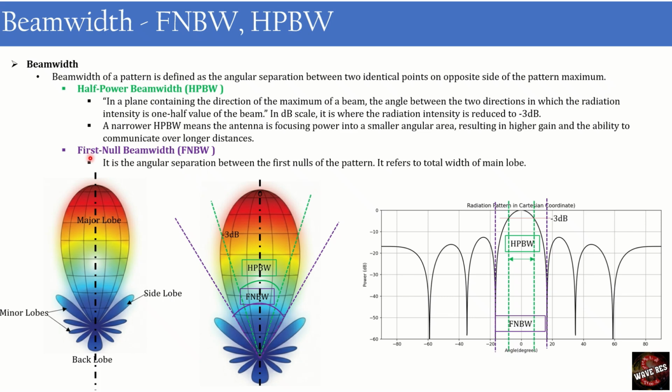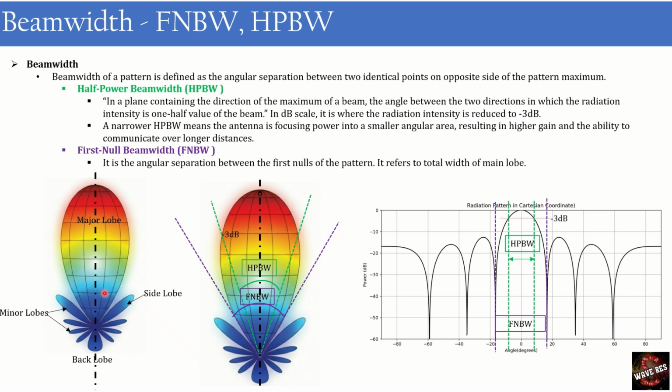The next parameter is first null beam width. Let's see what is meant by null. When we consider the pattern, we can see that there are some points where the radiated power is very small. These points are called nulls. Here we can see that there are many nulls between the minor lobes, and between the minor lobe and the major lobe.